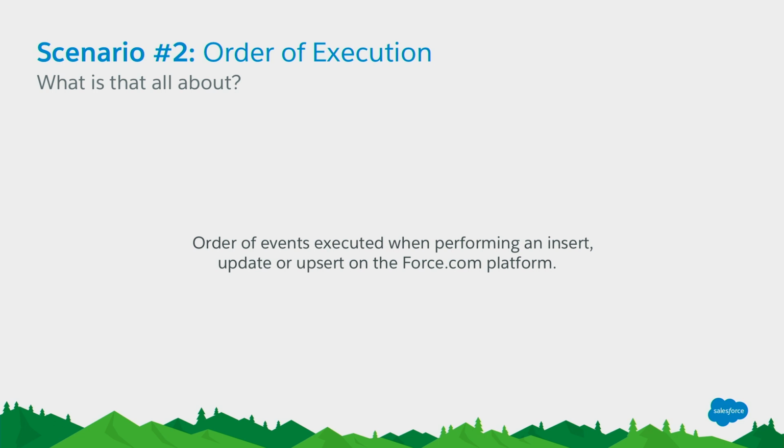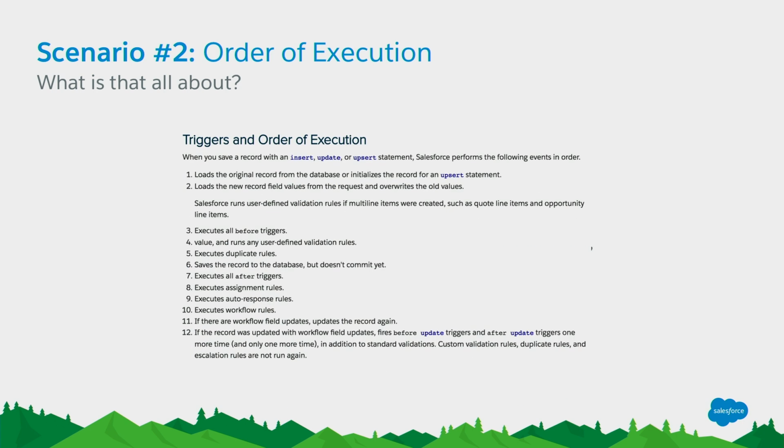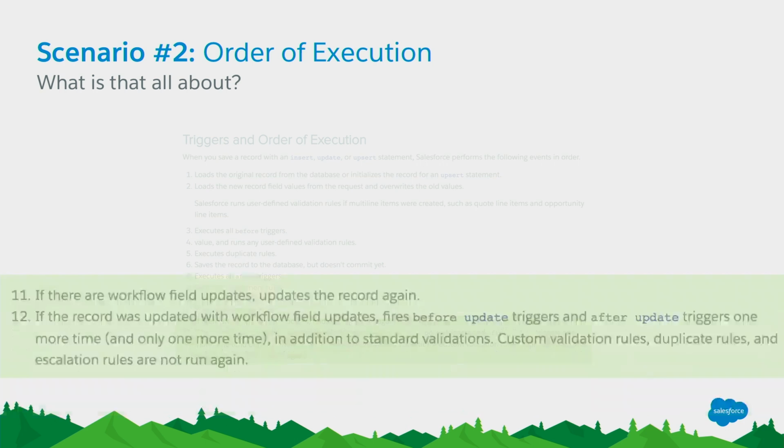So every time you implement assignment rules, workflow rules, validation rules, triggers, Salesforce decided on a specific order in which they will be executed. And you can see this order in the Salesforce documentation. And in our case, we won't go through all of it, but there are 2 specific lines that are relevant for that specific scenario, which is line 11 and 12.